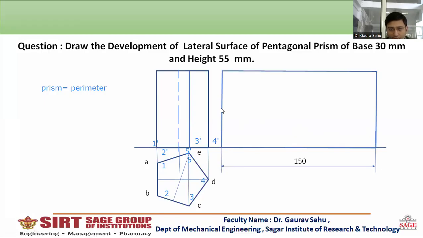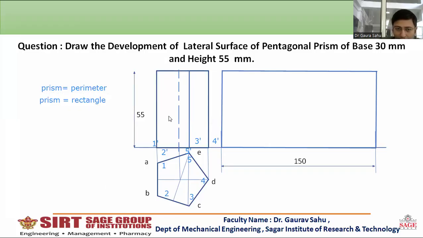Draw the line, draw the height 55 and enclose it. So the development of a prism is actually a rectangle. Formula: prism is opened by perimeter, and the development of prism is a rectangle.